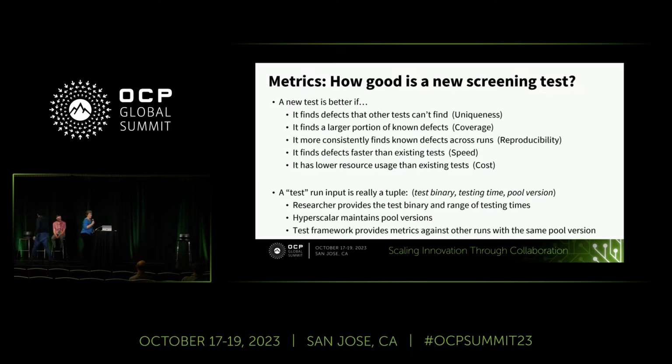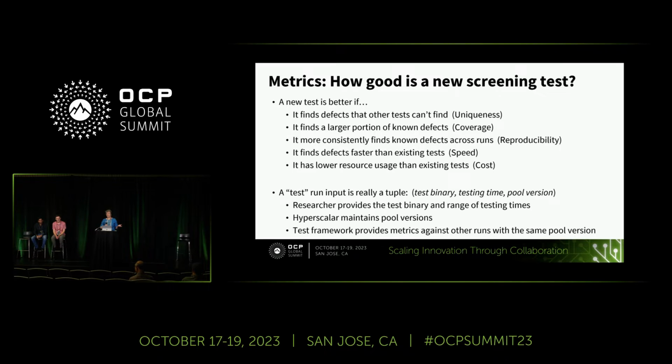Thank you, Vilas. I am Lidia from nVidia, and I'm going to talk about the metrics that we're going to use to determine how good a certain screening test is. And first, before we actually go into the metric, we want to understand why a test is better than another.